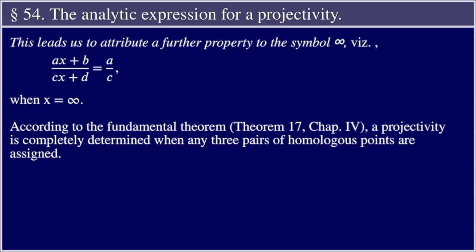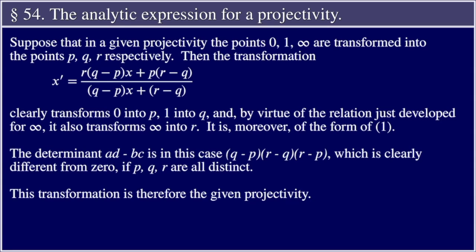According to the fundamental theorem, Theorem 17 of Chapter 4, a projectivity is completely determined when any 3 pairs of homologous points are assigned. Suppose that in a given projectivity, the points 0, 1, infinity are transformed into the points p, q, r respectively.